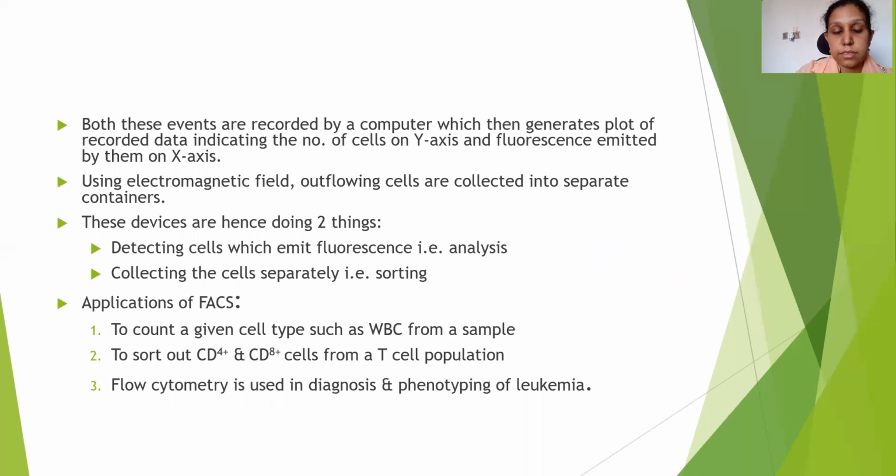Using an electromagnetic field, the outflow of cells is collected into separate containers. These devices are hence doing two things: detecting the cells that emit fluorescence and collecting the cells separately.